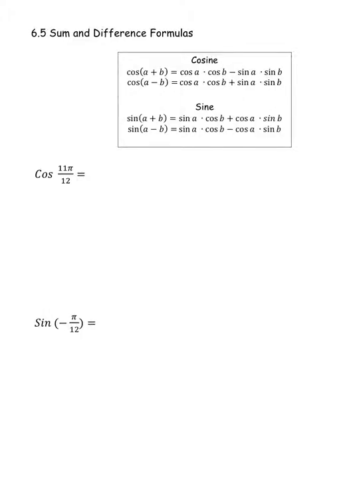Alright, in this video I'm going to show how to use the sum and difference formulas to find exact trig values. Alright, 12ths, that's not on the unit circle, so usually we would not be able to find the exact value of cosine of 11 pi over 12.